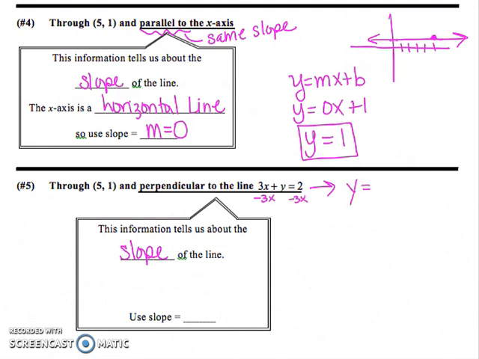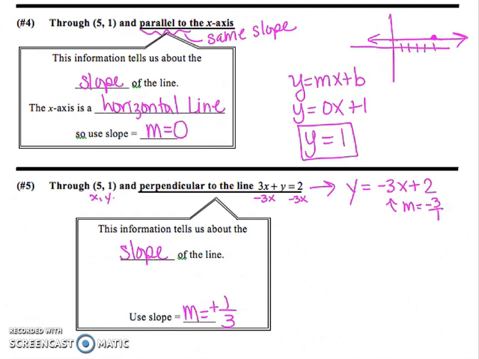So this equation is really y equals negative 3x plus 2. So if the slope of that line is negative 3 over 1, then we are going to use the slope m equals positive 1 over 3. Remember, opposite and reciprocal. So now we've got a slope and we've got a point.